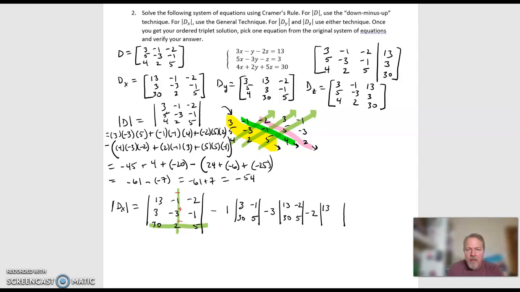So 13, negative 2, 3, negative 1. And we find those determinants the same way we always found them.